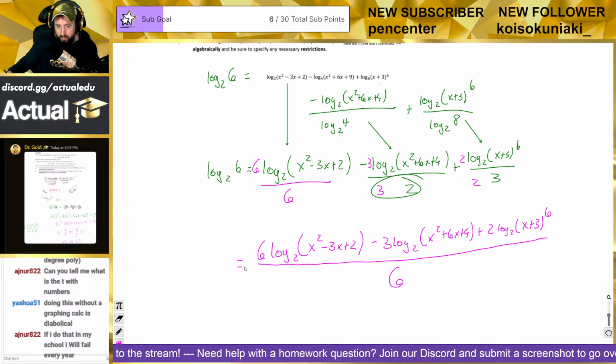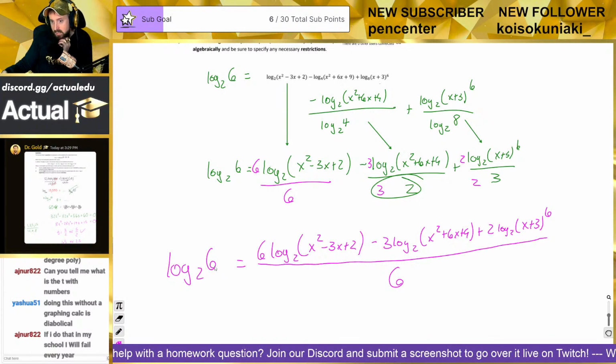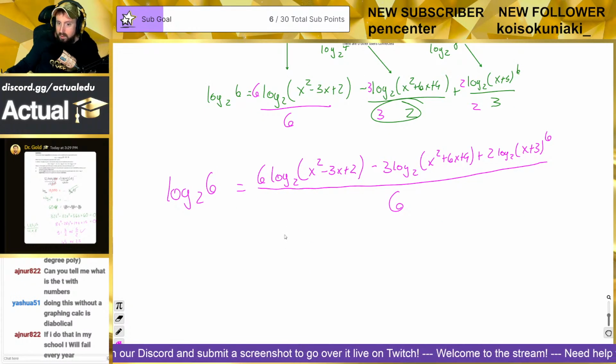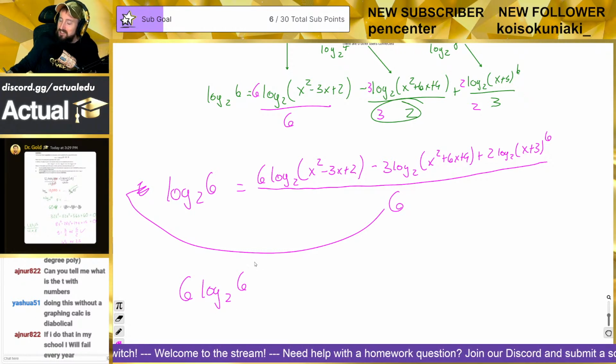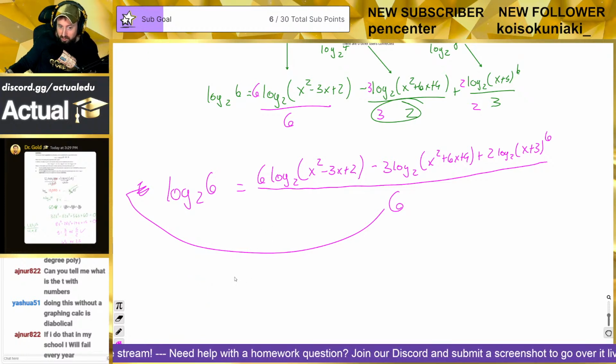This is all equal to log base 2 of 6. Does that make sense so far? Okay, cool. So I'm going to move this 6 over. Then I have 6 log base 2 of 6, which is the same thing as log base 2 of 6 to the 6.